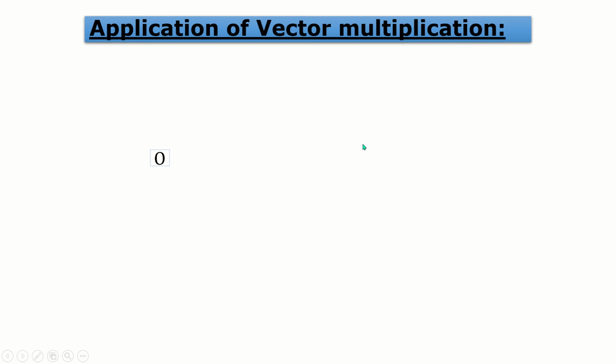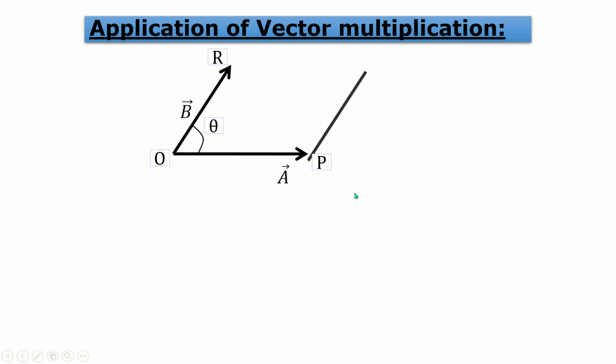Application of vector multiplication. This is a parallelogram. Two vectors, A vector and B vector, act at a point O with included angle theta.